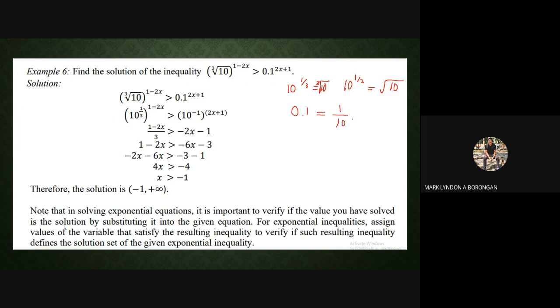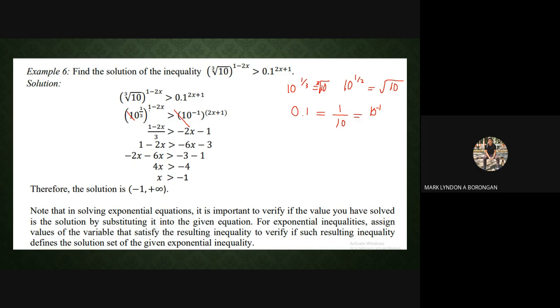So if ato siya i-reverse, since naa man sa denominator ang 10, pwede na siya isaka by using the negative exponent rule, which makes the exponent sa 10 ma-negative 1. So from 0.1, you'll have 10 to the power of -1 to the power pa jud of 2x plus 1. Since same na ilang bases, guys, you can now disregard them, ang 10 na atong bases.